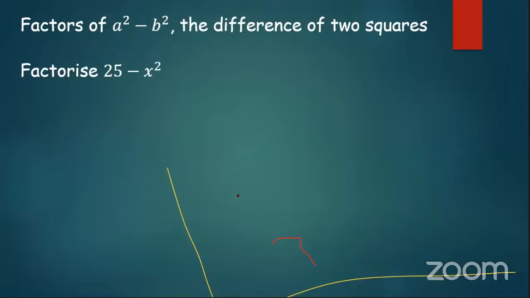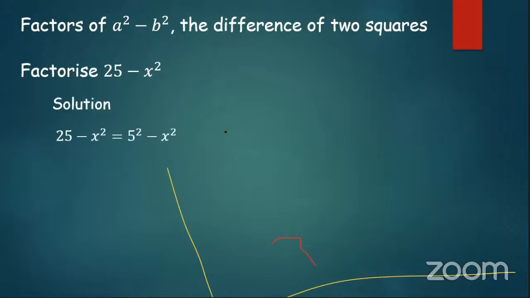Yes, same as Vincent, same as Ronnie, same as Ayebare, same as Mariana. So thank you for being very active today. Same as Hope, same as Kanya. Okay, we continue. 5 plus x into 5 minus x. Yes, that is very good.